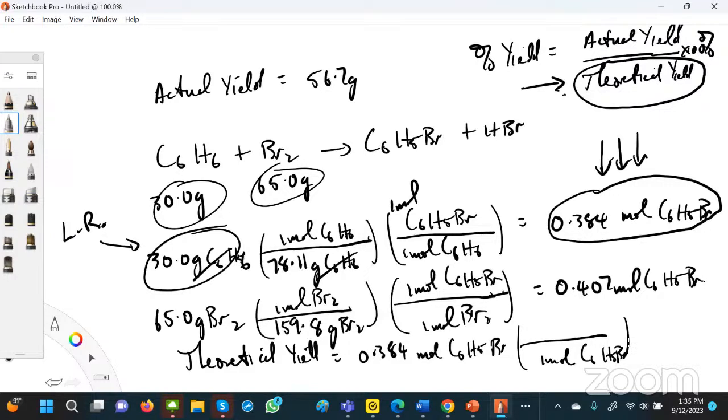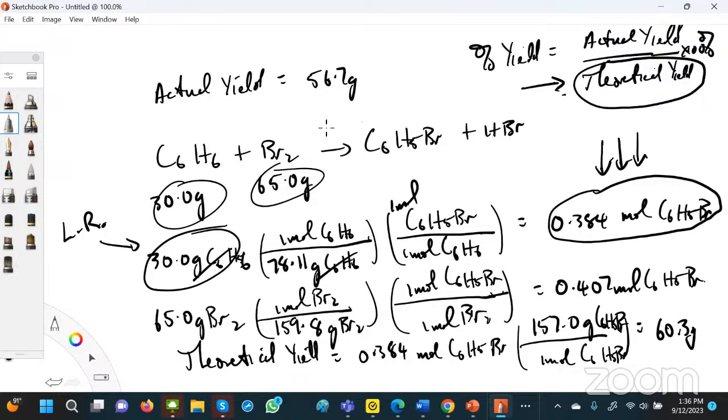Is it 79 point something? 79.9. Okay, so I got here 157.0 grams of C6H5Br. So when I multiply that by 0.384, I got 60.3. So that's the theoretical yield.